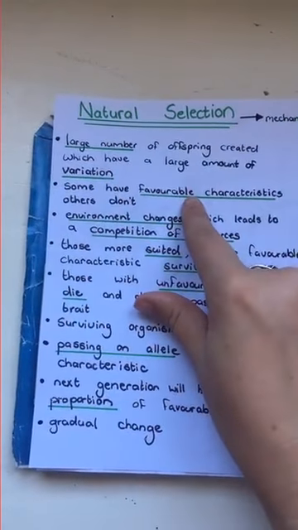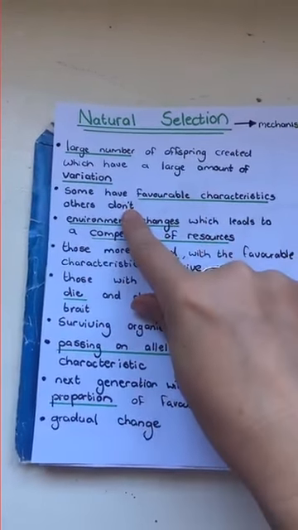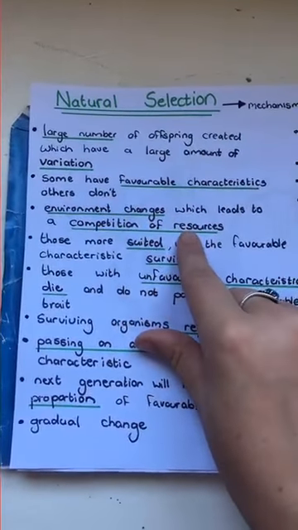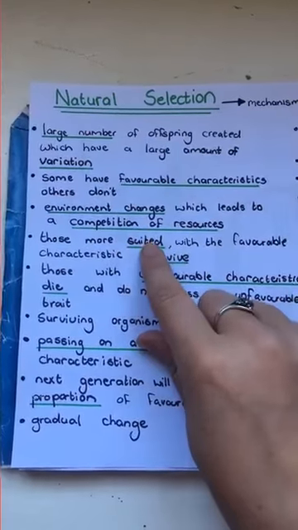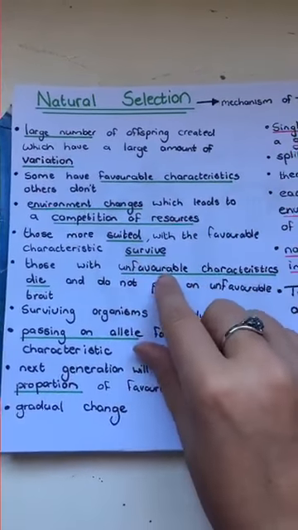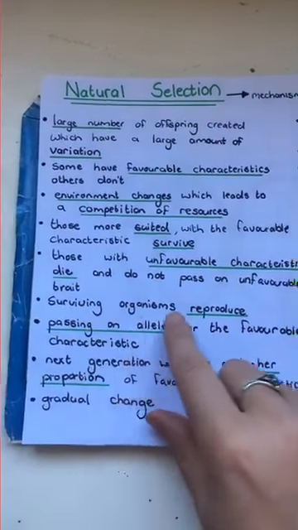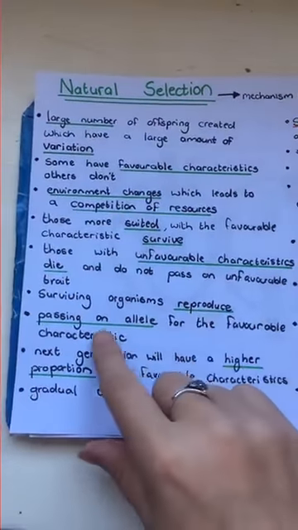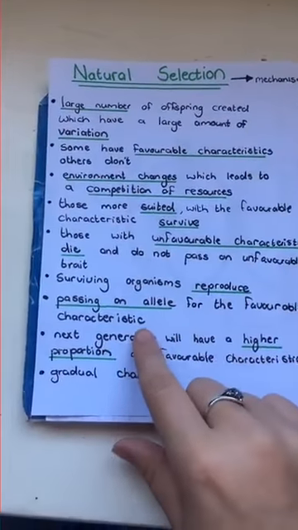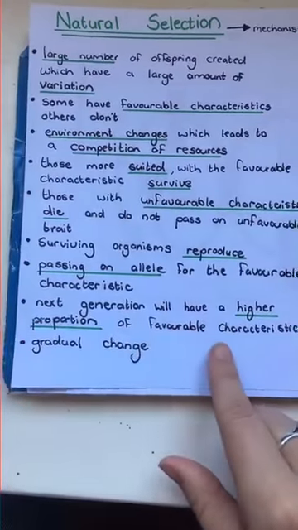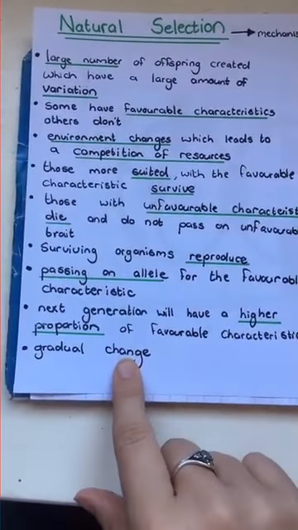Some have favorable characteristics, others don't. The environmental changes lead to a competition for resources. Those that are more suited survive. Those with the unfavorable characteristics die. The surviving organisms reproduce. They pass on the allele for the favorable characteristic. The next generation will have a higher proportion of favorable characteristics, and this will result in a gradual change.